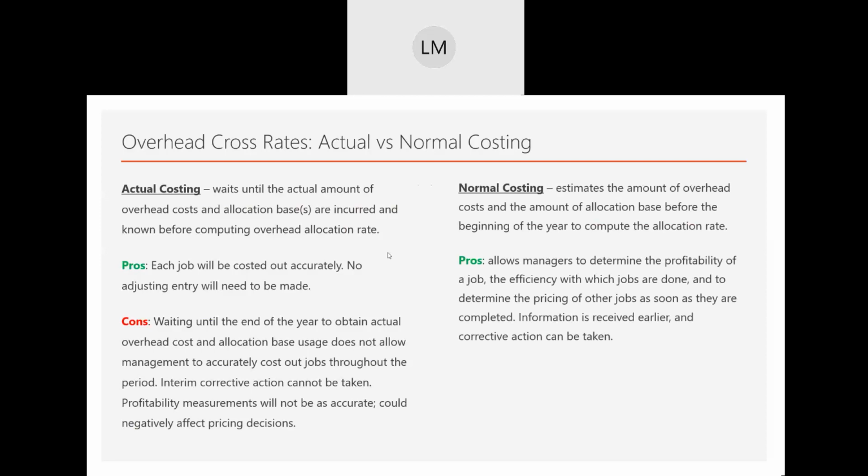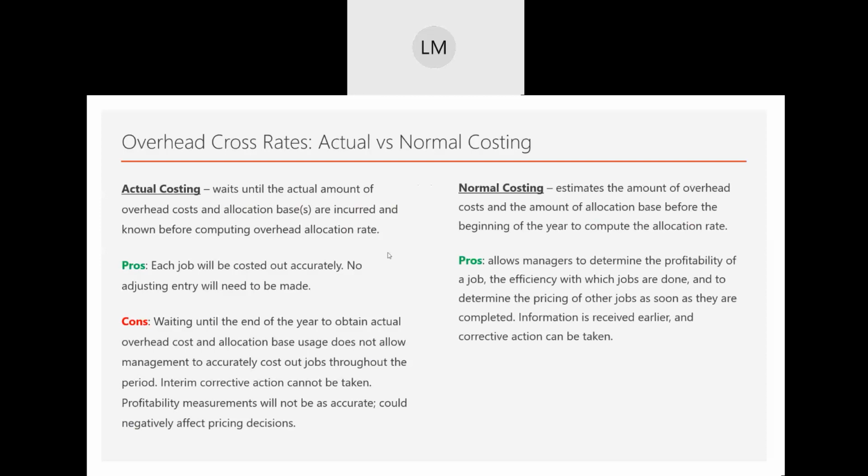For example, if I have my direct labor costs and direct materials costs, but under actual costing I don't know how much overhead I'm going to assign to a product, then my pricing strategy may be off.